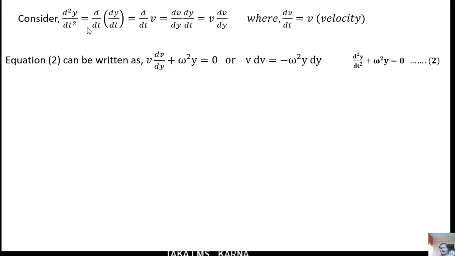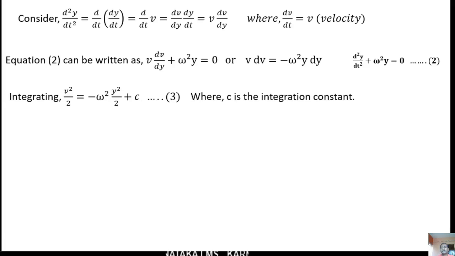So v into dv by dy plus omega square y equals 0, or v into dv equals minus omega square into y into dy. Just move omega square y to the RHS side, it becomes minus. Then cross multiply with dy, and you get this equation: v into dv equals minus omega square y into dy.